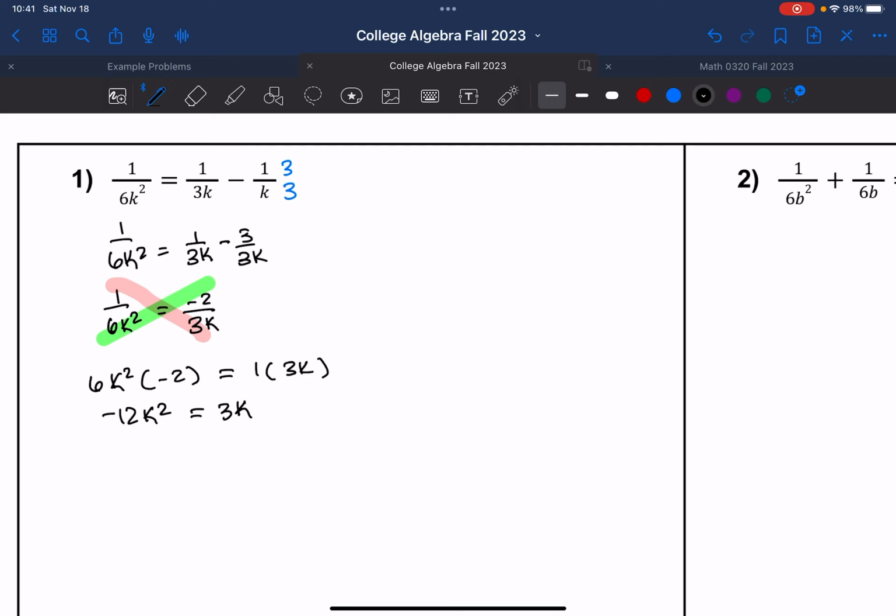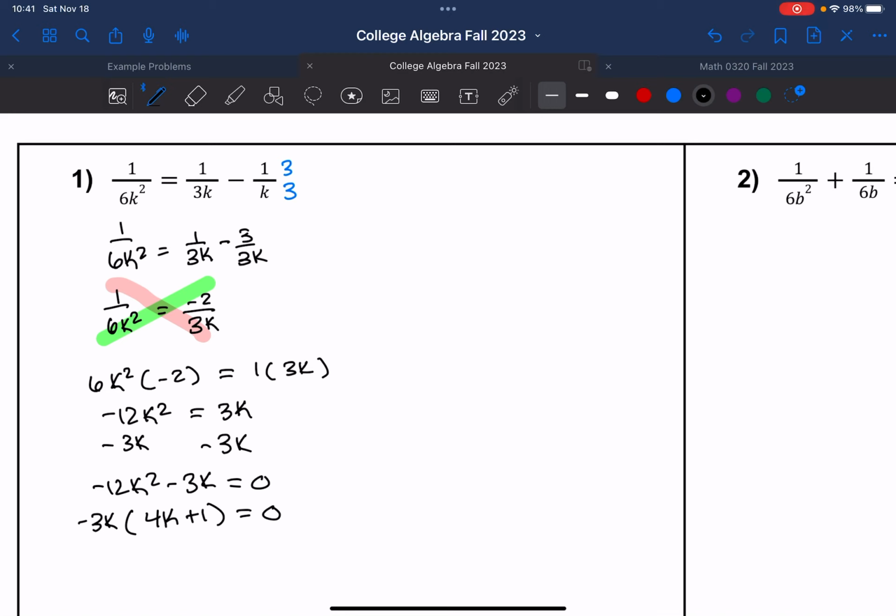So I'm going to subtract that 3k over, and I get negative 12k squared minus 3k is equal to 0. Since I only have the a and b values of a quadratic equation, this tells me I'm going to take out a GCF. And the GCF I can take out here is a negative 3k. And I'd be left with 4k plus 1.